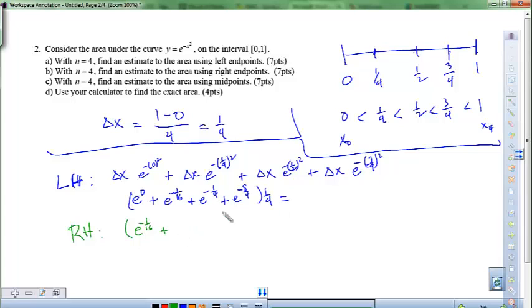And then we move on to the second rectangle, to the third rectangle, and for the fourth rectangle, the right hand rule will get us to choose 1, so e to the negative 1 squared, and then the delta x was factored out, so this is all set to go here.